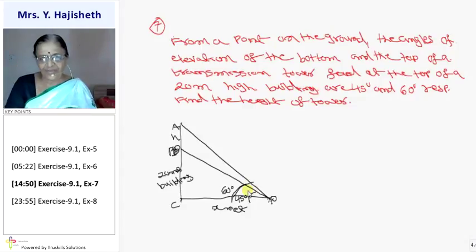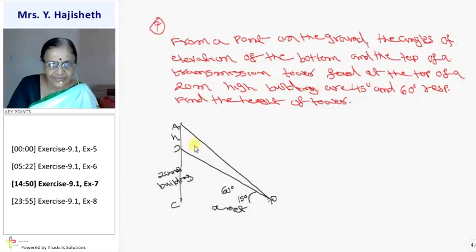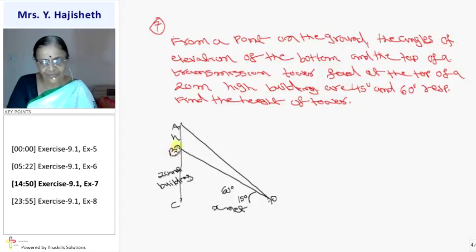Clear? In this figure it is not clearly visible, so I write it again. See here, it was not clearly written. So I write here point B. Now it is visible.